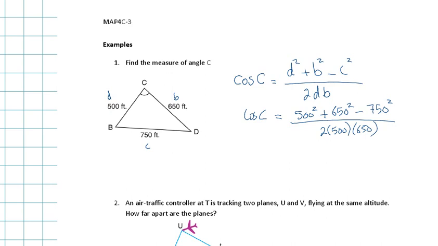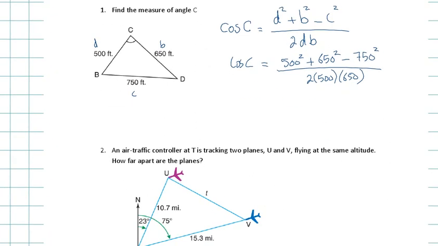So what do you get for the top? 110,000. Okay, what do you get for the bottom? 650,000.